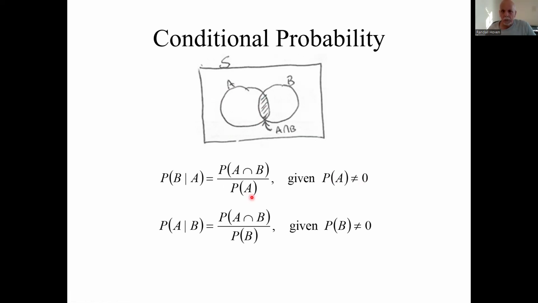Given that the probability of A is not 0, otherwise you'd have to divide by 0. But this is a definition anyway, just trying to make it make intuitive sense. And you'd have the same type of thing. What's the probability of getting an outcome in A, given that you know it's in B? And there it is by definition. We didn't really derive anything here, we defined it.